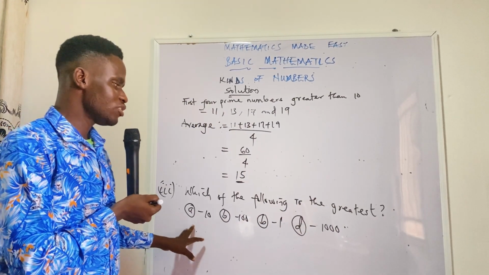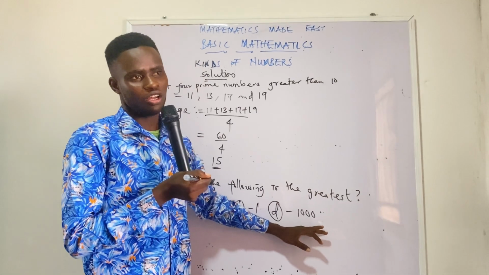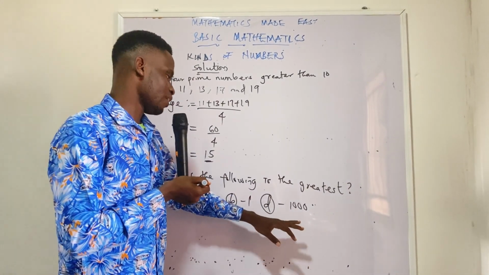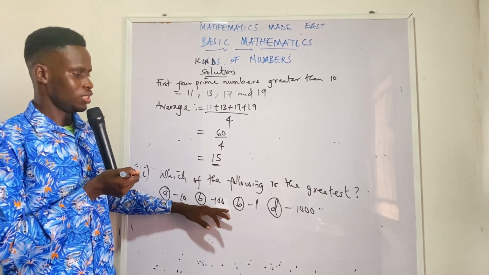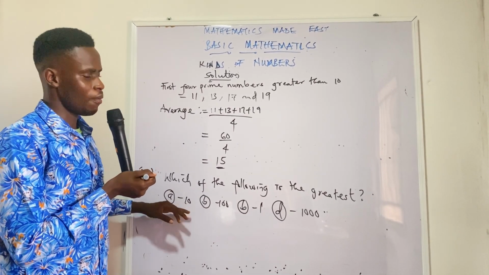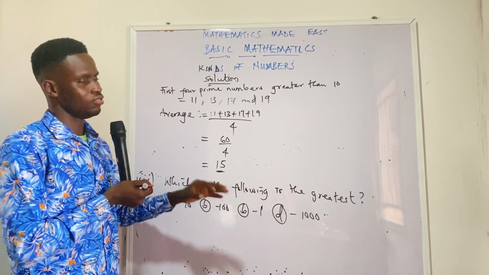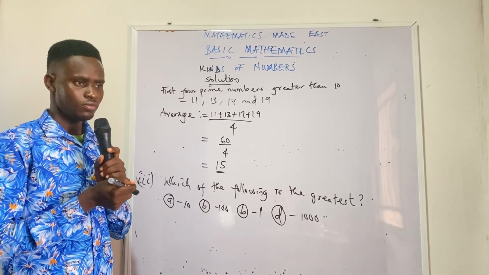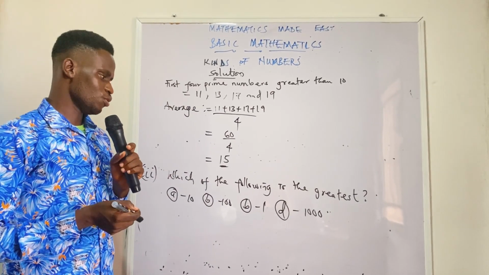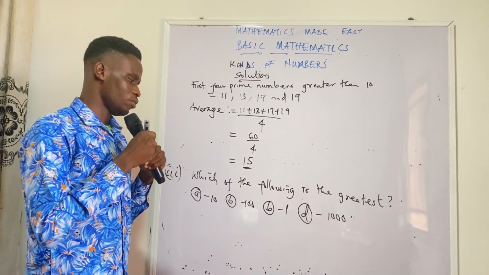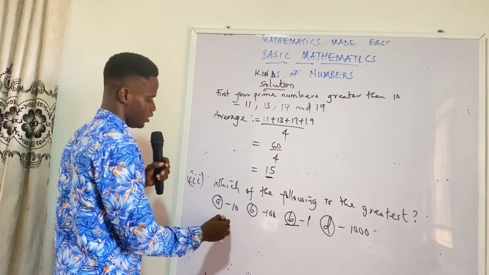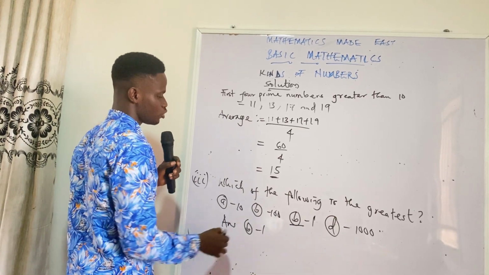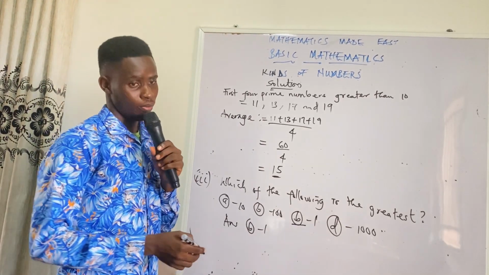The least number you can see here is minus 1000. After minus 1000, the next number is minus 100, and the next is minus 10. Minus 1 is still greater than the remaining ones. So the correct answer here is option B, which is minus 1. So minus 1 is the greatest of all the numbers.